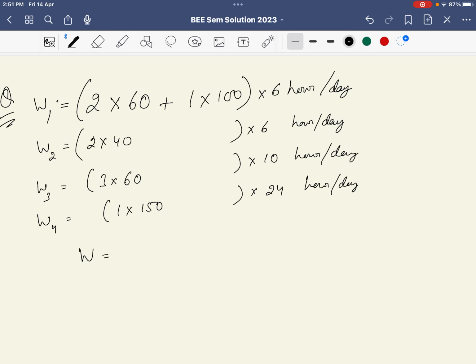So what is the total energy being consumed? It will be the addition of all these values.